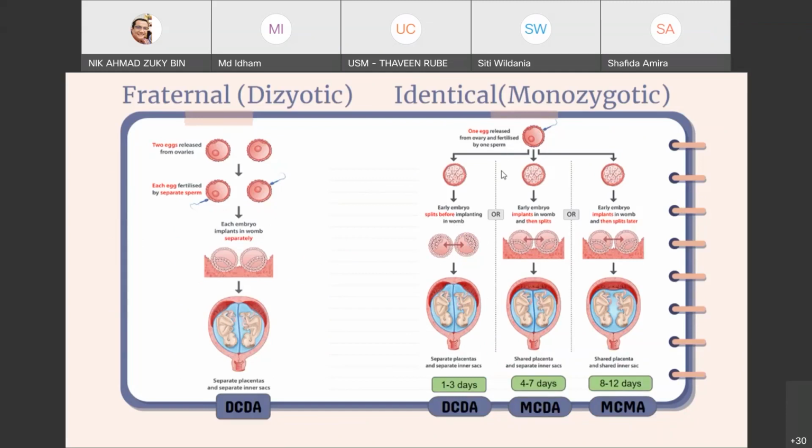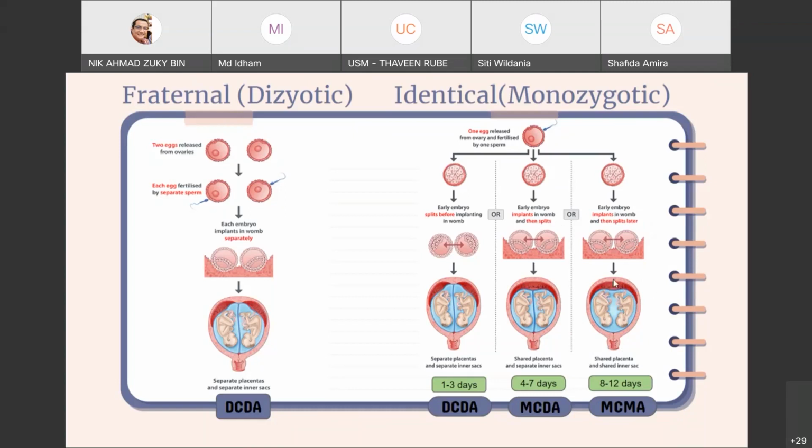If the separation occurs within 4 to 7 days, it will become MCDA, which is monochorionic diamniotic, which is one placenta and two inner sacs. And if the separation occurs at 8 to 12 days, it will become MCMA, which is monochorionic and monoamniotic, which is one placenta and one inner sac.